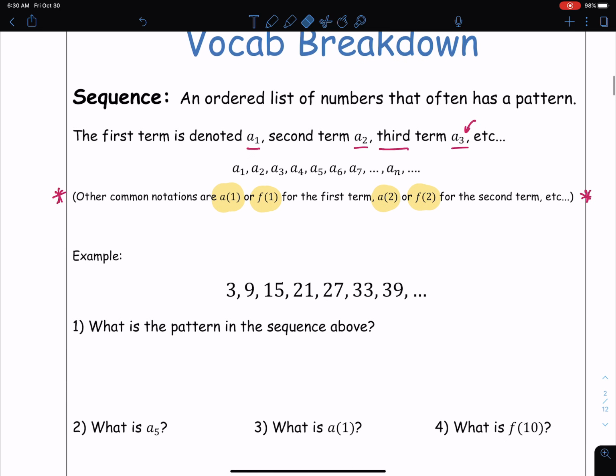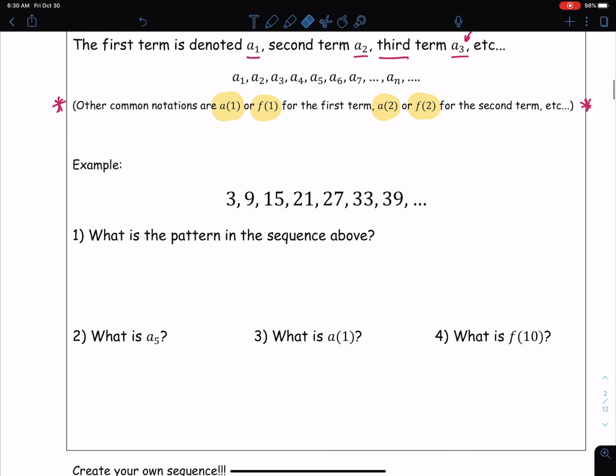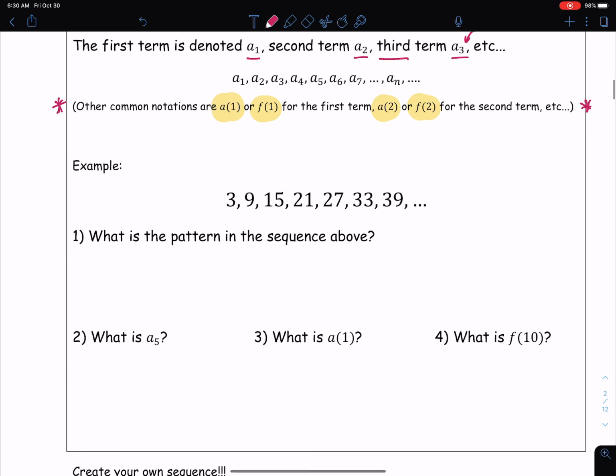So here's another example. What is the pattern of this sequence above? Well, before I look for the pattern, let's just talk about the terms. So the very first term is A1. A1 would be 3. Then A2 is 9, A3 is 15, A4, A5, A6, A7, and it keeps on going.